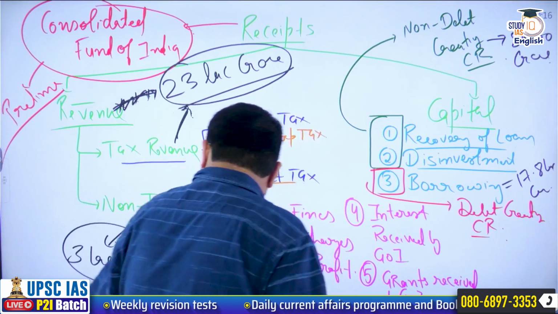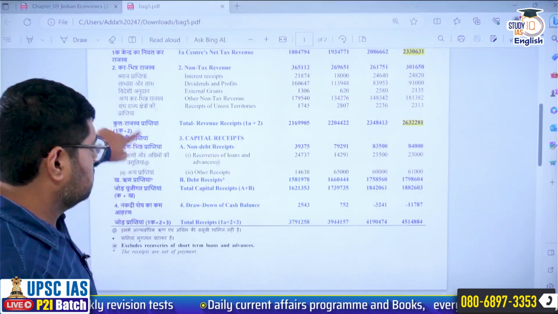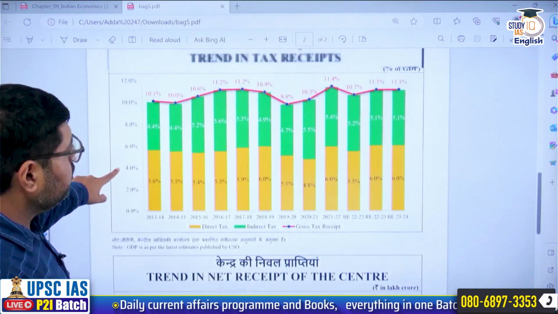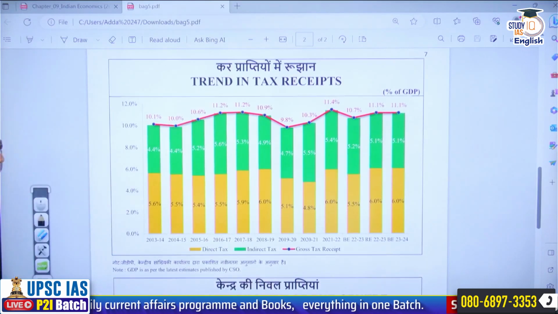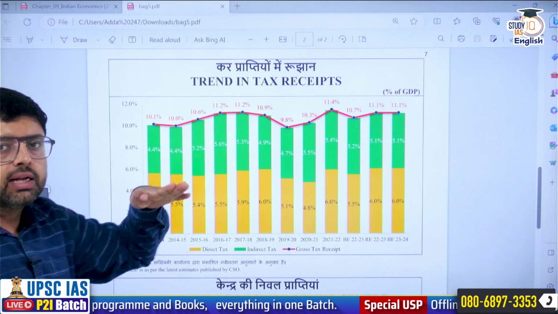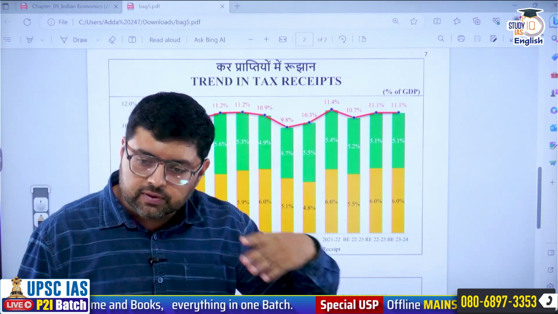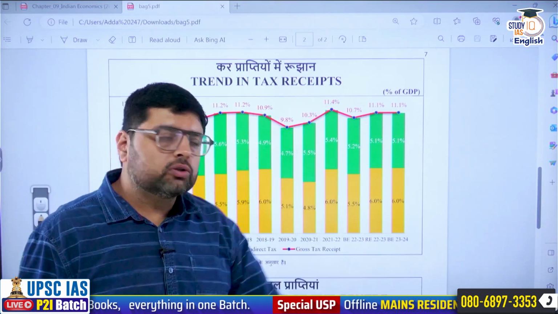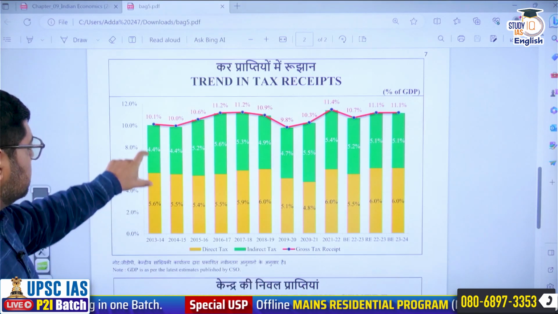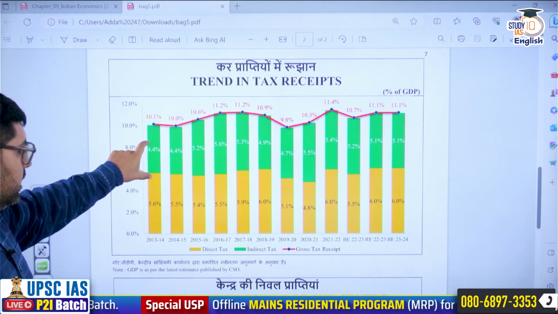Now the UPSC also used to ask questions on trends. You can see the growth rate trend, the fiscal deficit trend. So they can ask you this also. The yellow portion is direct tax, and green is indirect.